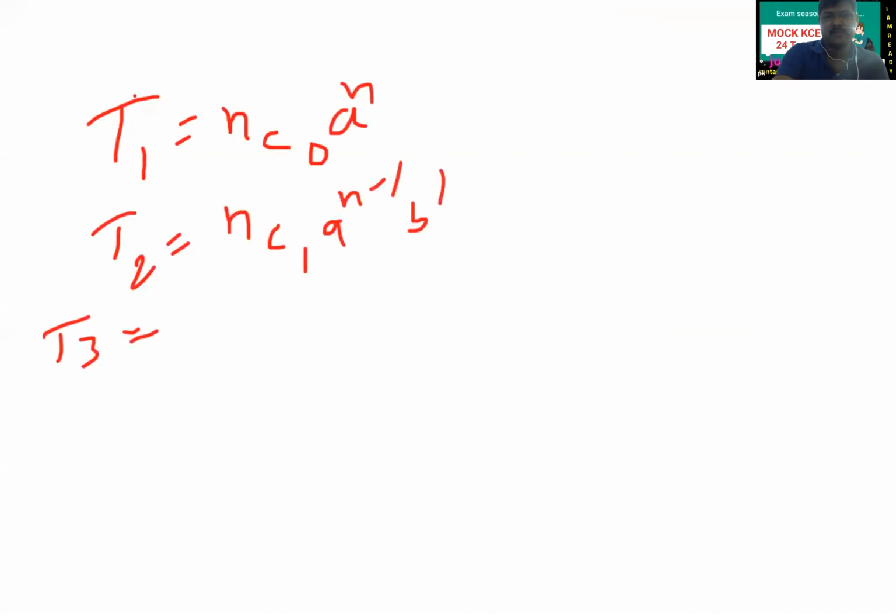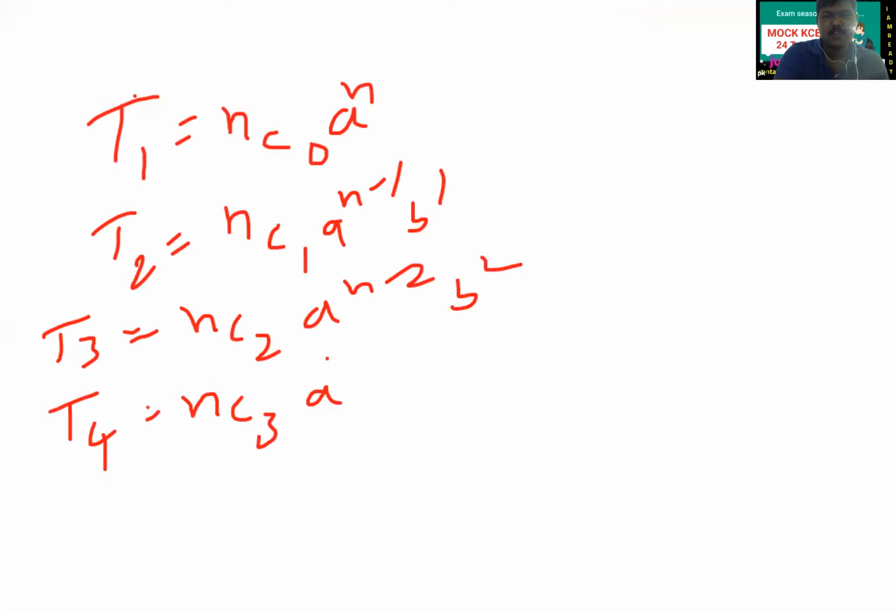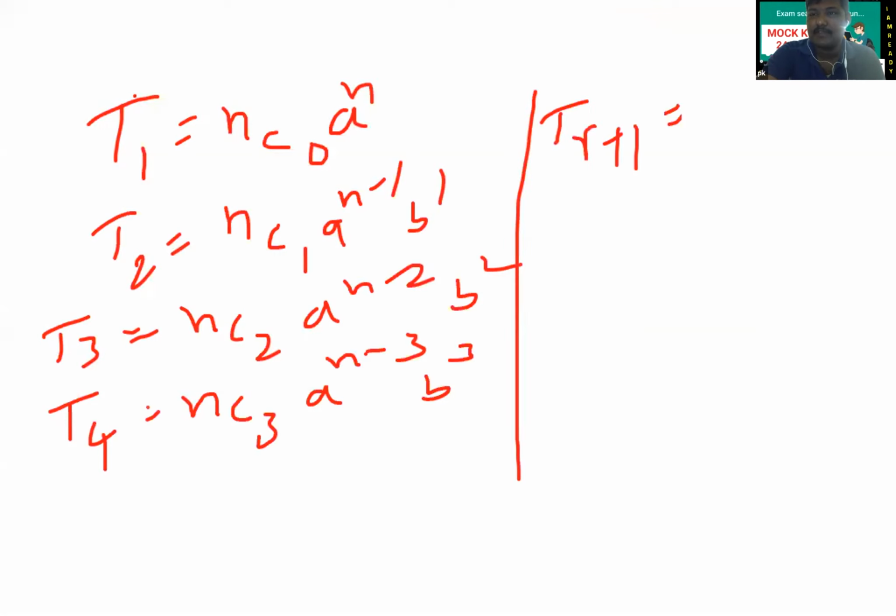T3 means third term, NC2 A^(N-2) B^2. T4 means NC3 A^(N-3) B^3. So what here we need to understand, one term, T(R+1) term, NCR A^(N-R) B^R.